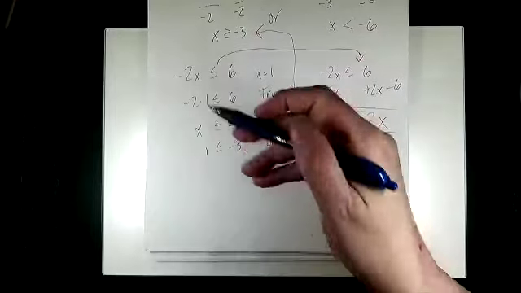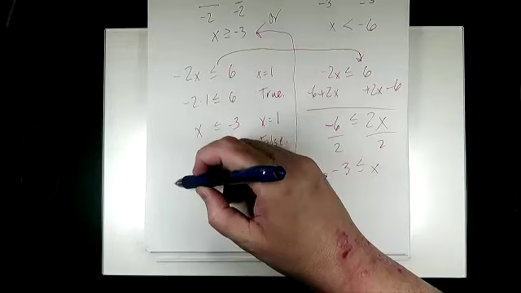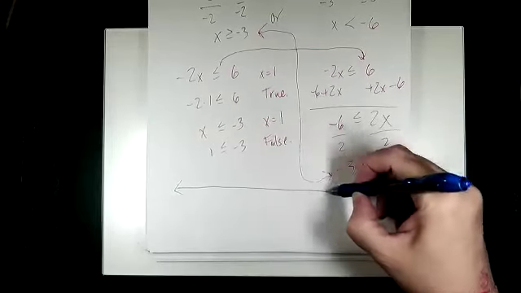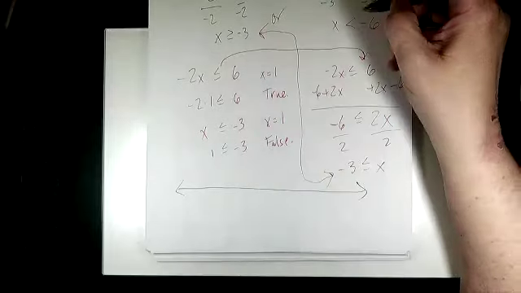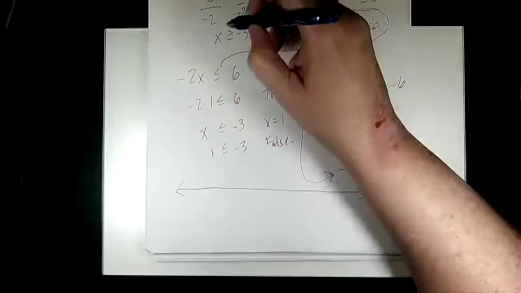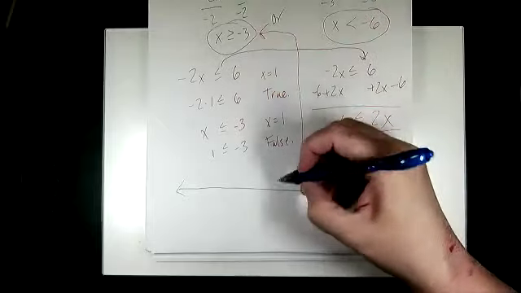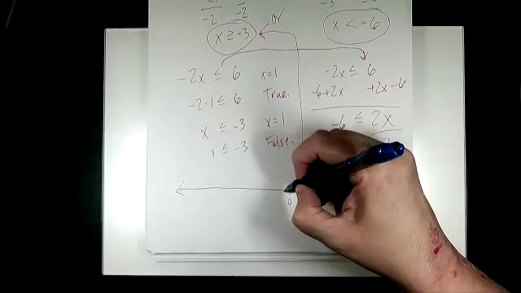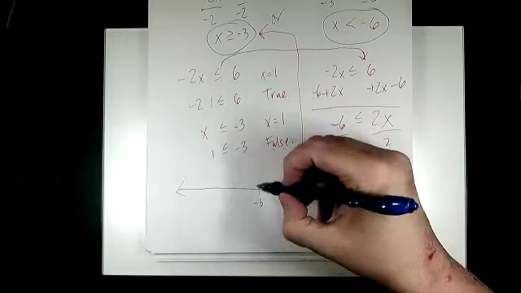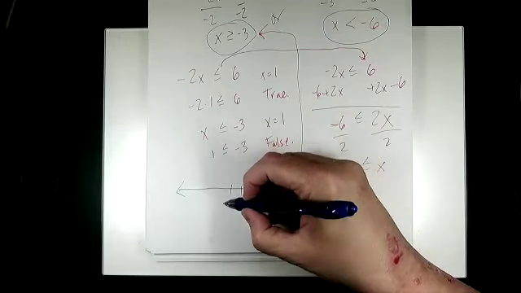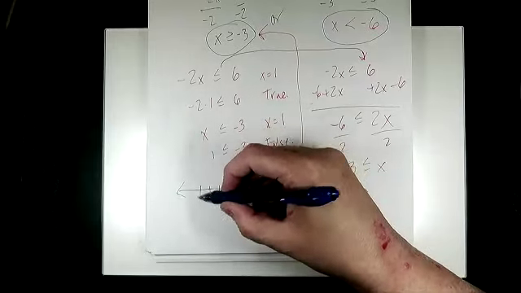All right, so let's take a look at what we have here. I had x is less than -6 and x is greater than or equal to -3. When you cancel, the expression is the same.